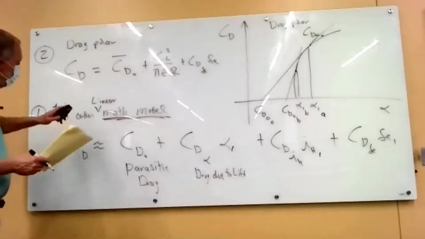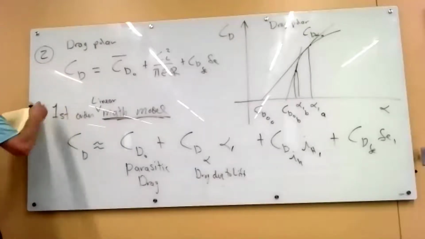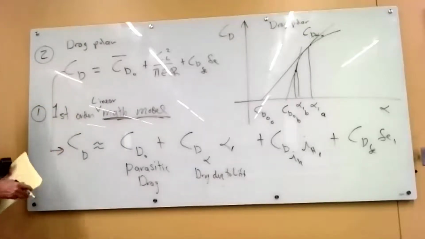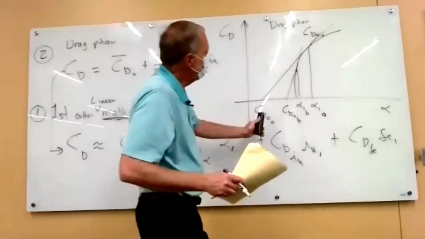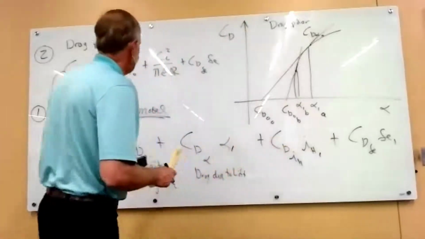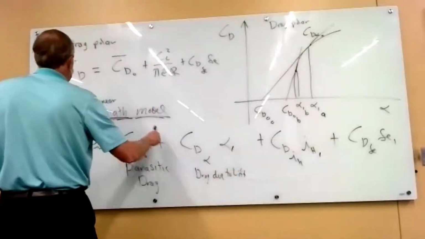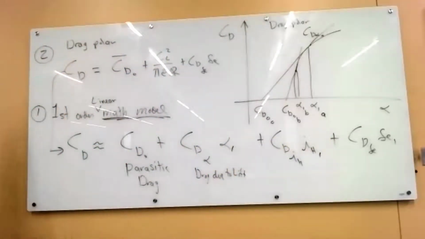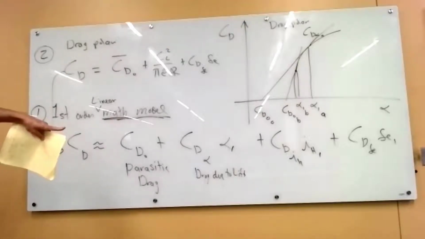And you could match this to this if you want to, essentially by doing what we're talking about here. So if the drag polar is this curved thing, then you'd match the slope. You'd take the derivative of this thing with respect to alpha to get CD alpha down here. And then you could set equality.